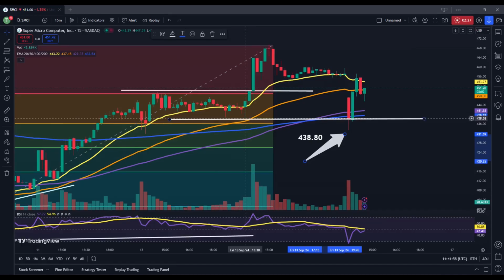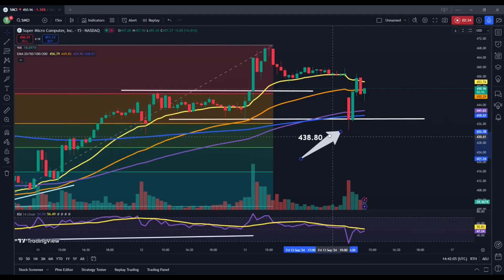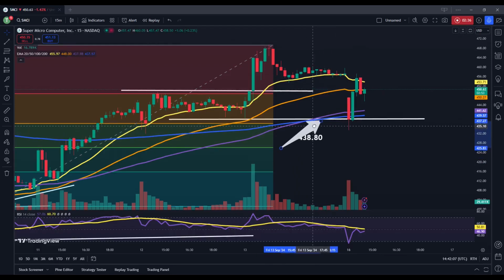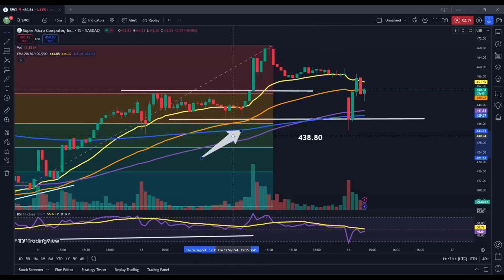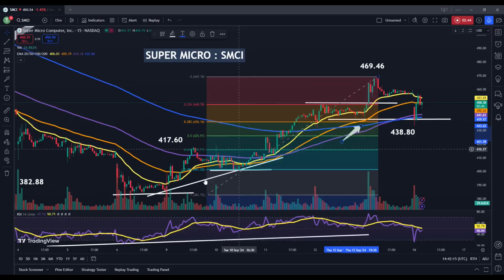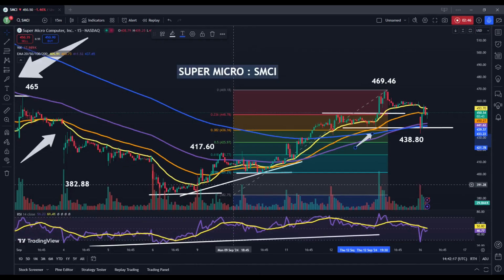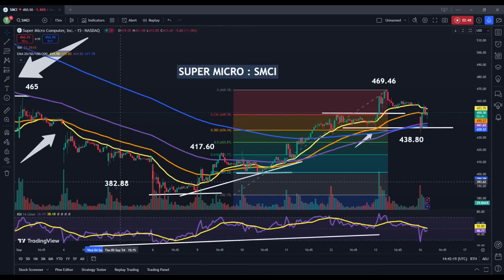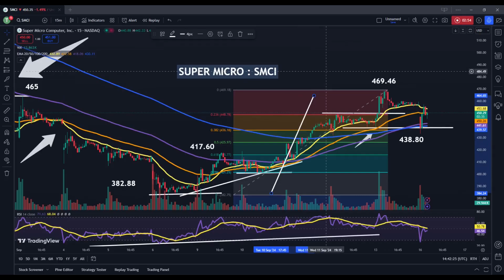Here we can see that share prices did manage to develop support there around 438.80, and share prices have now broken below there, which also means that we broke below the 200 period EMA and the 100 period EMA, in addition to the 38.2% Fibonacci retracement of the ascending move from 382.88 to 469.46. So we do have some negative aspects here that are currently being seen in this chart.